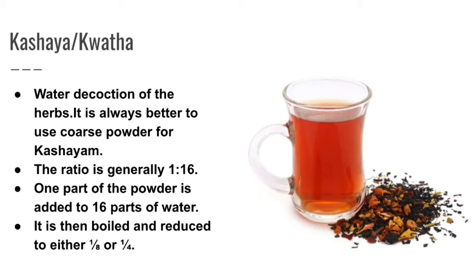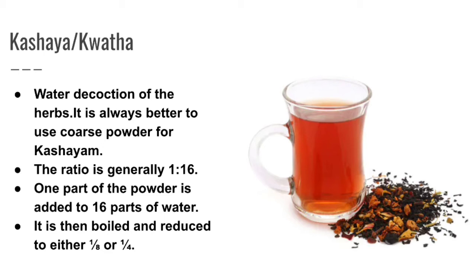Next, Kashayam is something that everybody might know. Kashayam is nothing but a water decoction of the herbs. As I told you, it is always best to use only coarse powder for Kashayam. Even the ratios are mentioned in the Ayurvedic text. 1:16 is the ratio. If you take 1 part of the powder, you should add 16 parts of water.